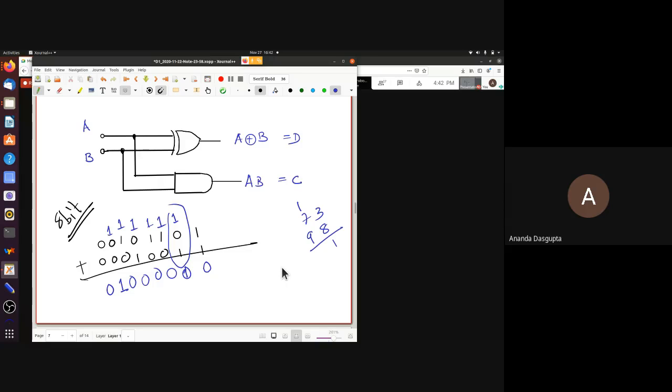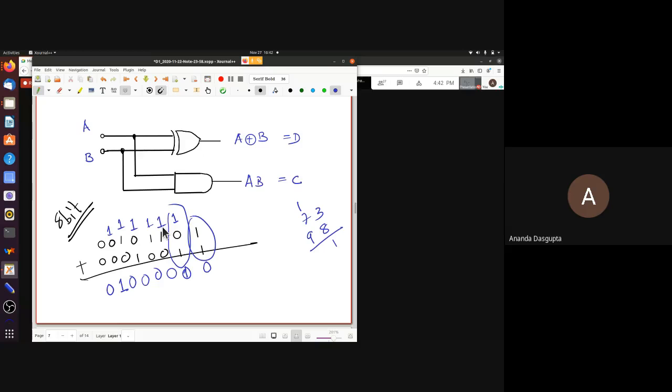It's just as simple as adding during our childhood. The only thing you have to note here is that when you want to add 2 binary numbers together, you're adding only 2 bits here.